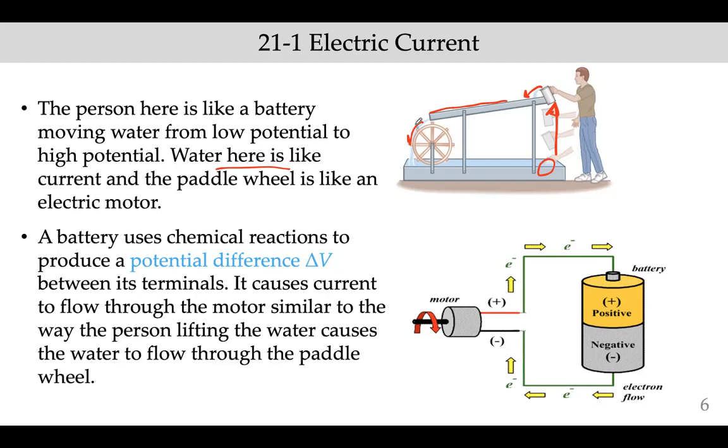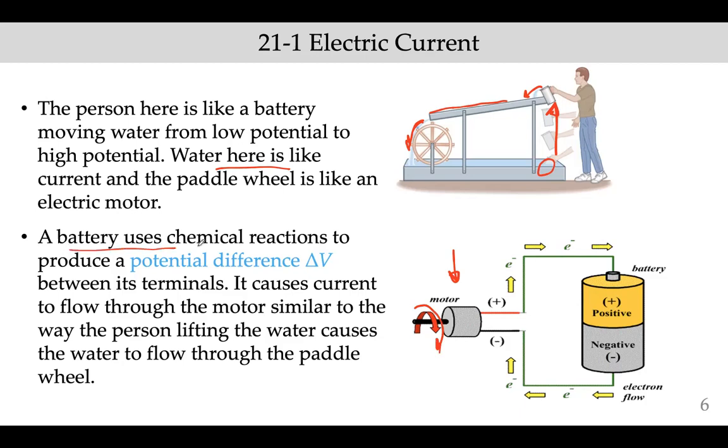So the water would turn this paddle wheel, which is similar to this circuit where the electric motor is connected to a battery, and the battery creates a potential difference. That would cause the electrons, or the current, to move, and when current moves through this motor, it would create mechanical work.